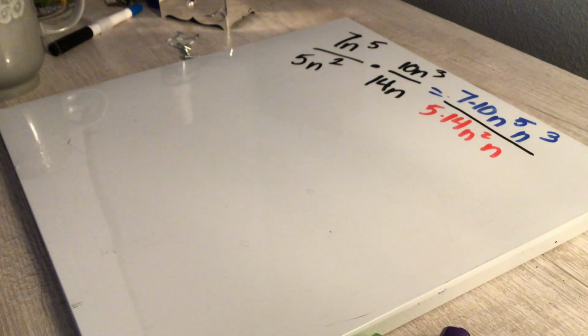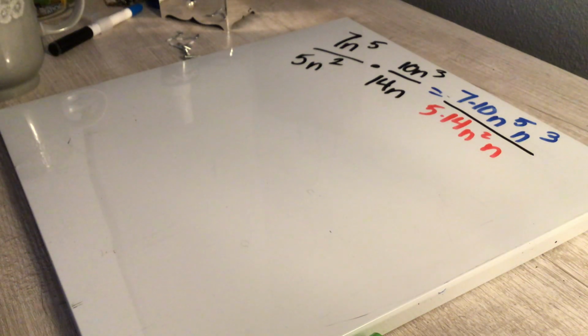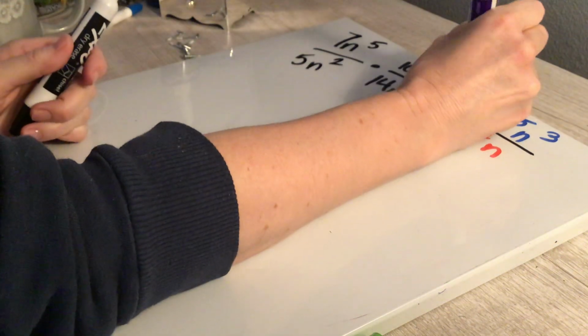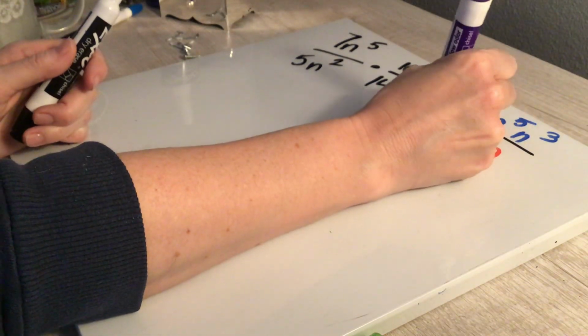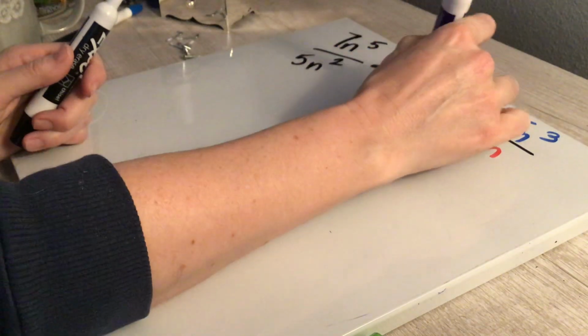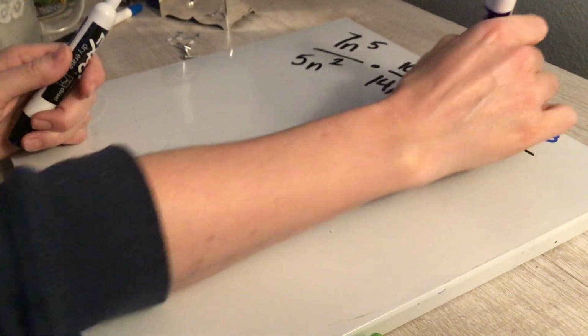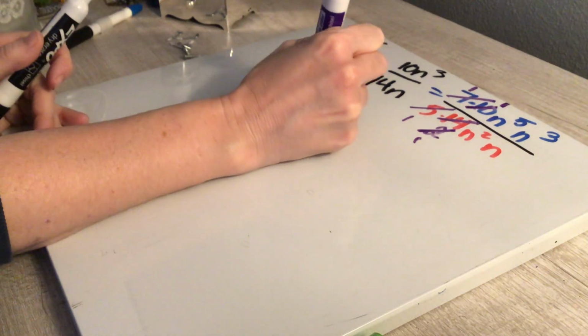Okay, just like fractions, simplify if you can, right? And here, 7 and 14 can simplify. I can put a 2 here and a 1. Then 5 times 2 is 10, so that's a 1.